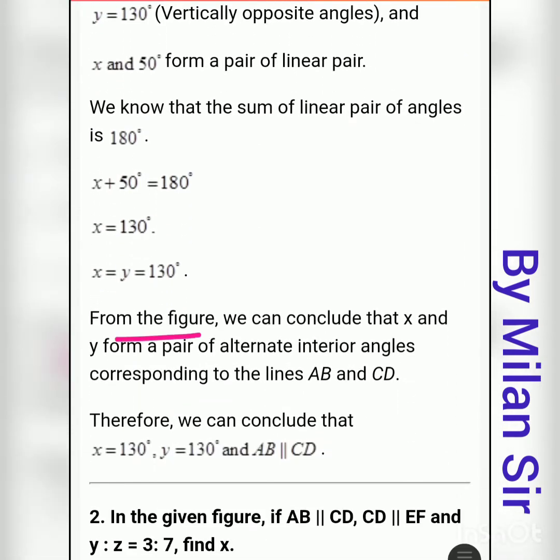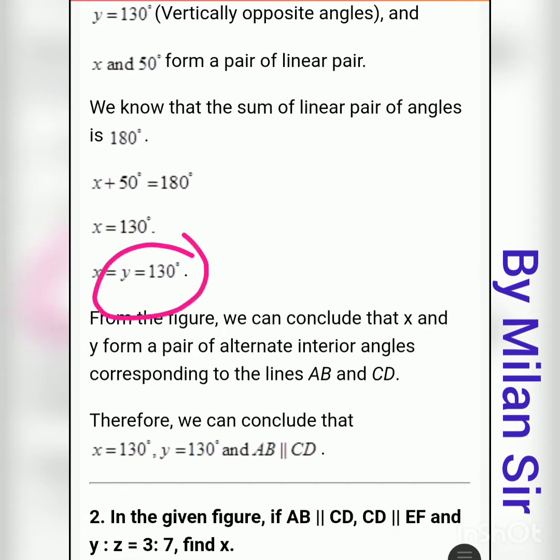From the figure, we can conclude that x and y form a pair of alternate interior angles corresponding to lines AB and CD. We already learned this in our theory part, in the transversal concept. The values of both these angles are equal, which means the two lines are parallel.